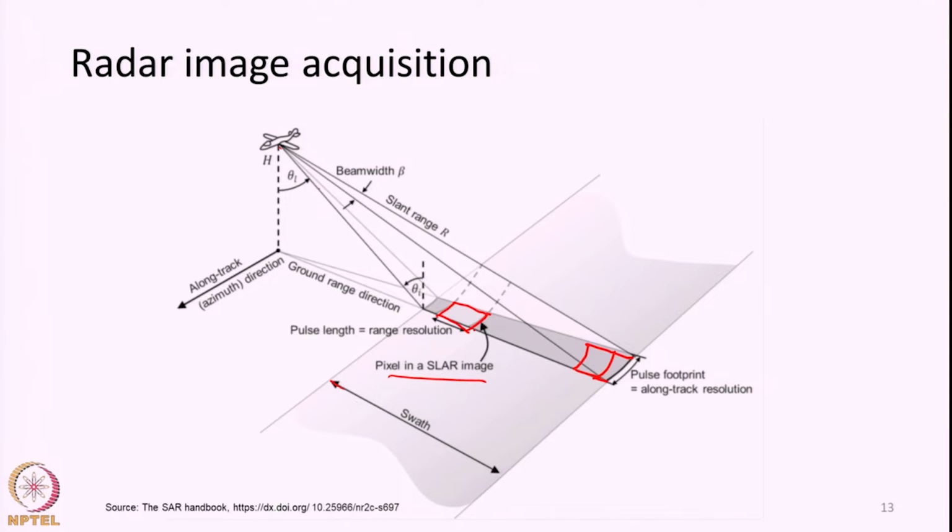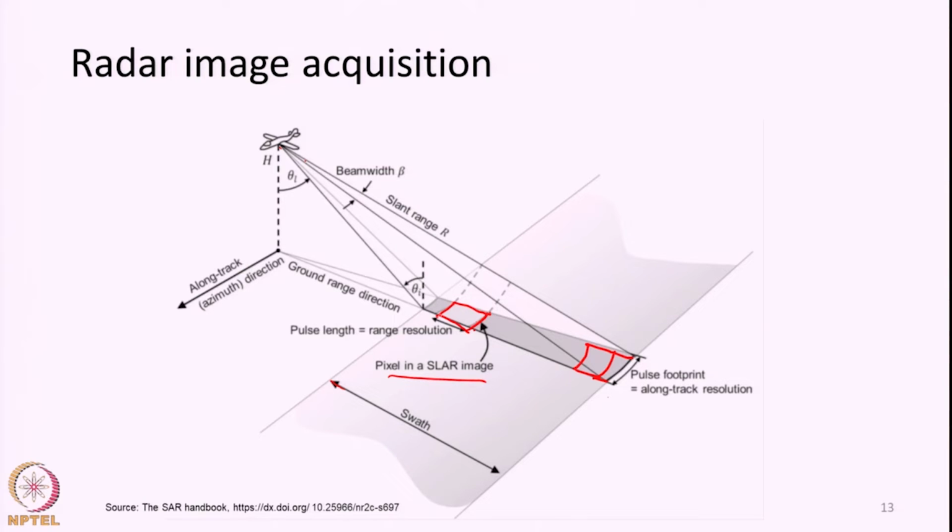The entire footprint covered by this radar beam in the across track direction will define the swath, whereas each pixel in the range and azimuth direction will be defined independently based on two different properties of the radar system.